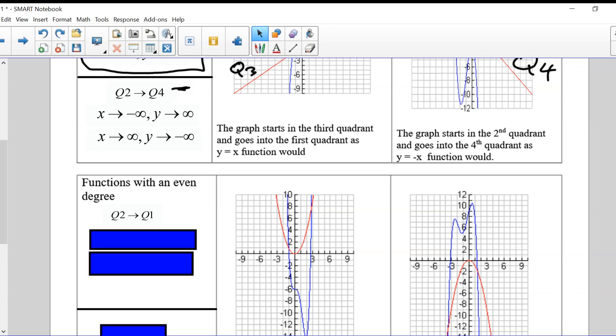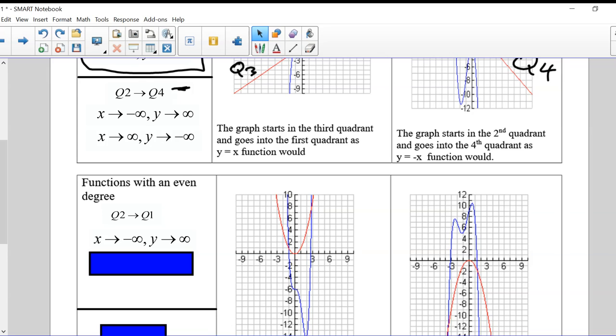Only Noah? Okay, Noah, go ahead. Okay, good for you. That's exactly right. Is there anybody who is not clear on that? For the red one, Jenna is asking. Well, it works out that it's for both functions. The blue graph has the same characteristics, Jeremiah, as the red graph, in terms of its end behavior.